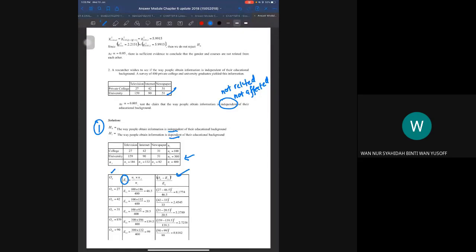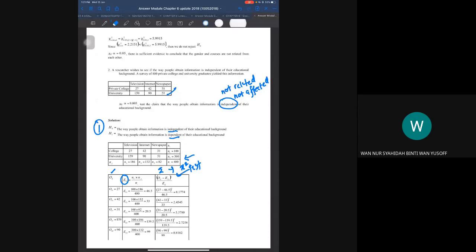No need to check for the E. The third column is the formula that we use to get the chi-square. The summation of the third column gives you your chi-square test statistic. Again, I will be grateful if you present your answer in this form because it will be easy for me to check and mark your answer.